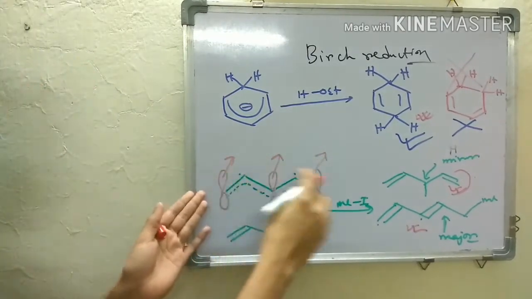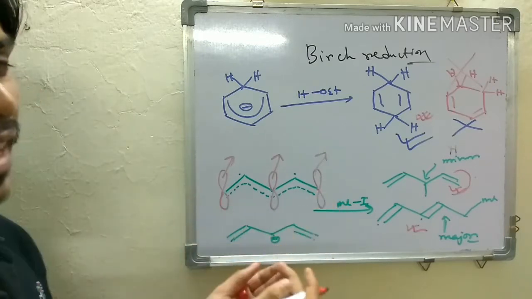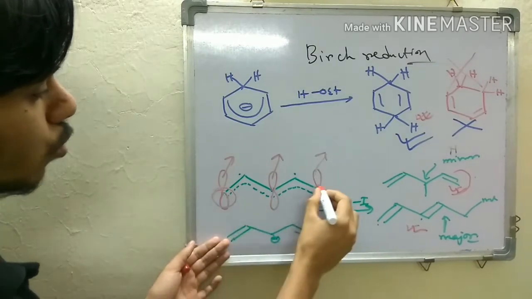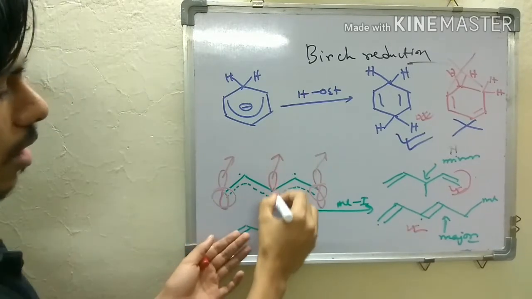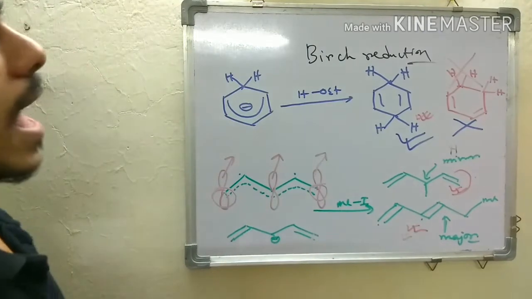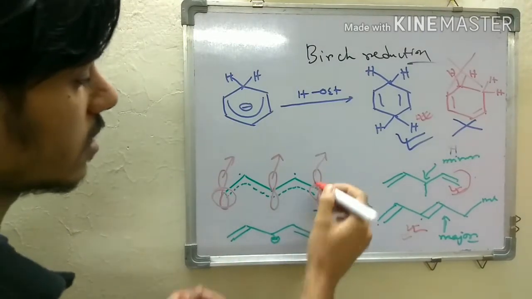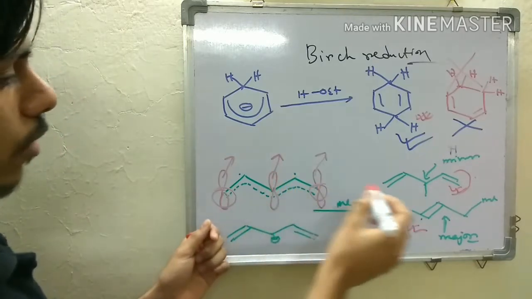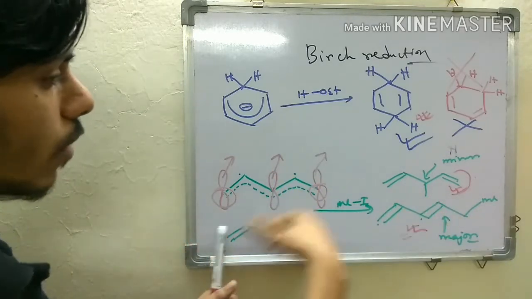So all 3 positions are equal, and in this case the statistical factor is that there are 2 terminal positions and 1 internal position, and that's why you are getting this terminal as major. Another fact is that the terminal attack is sterically less hindered, and conjugation is also there, so that's why you are getting this major.